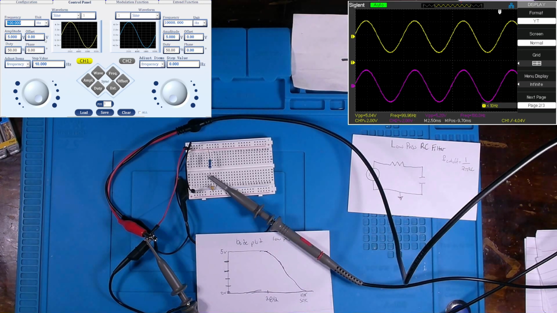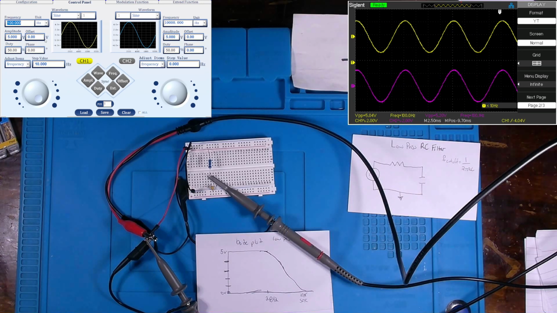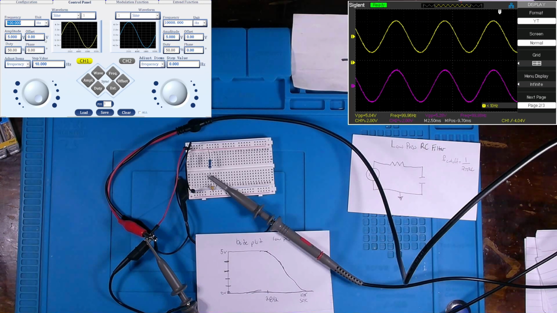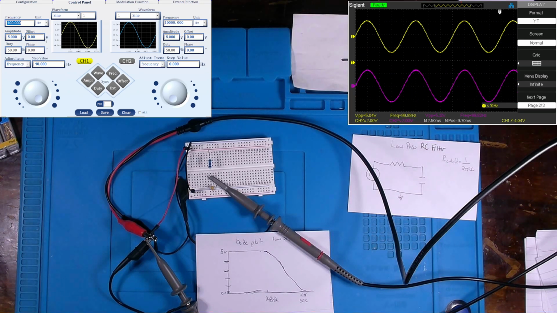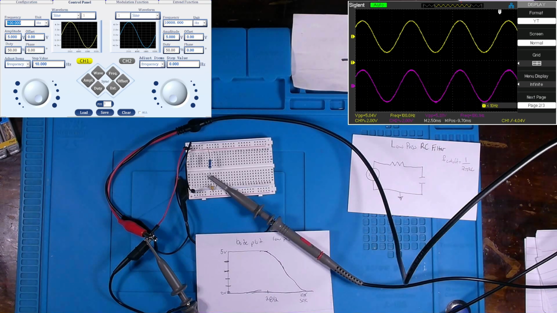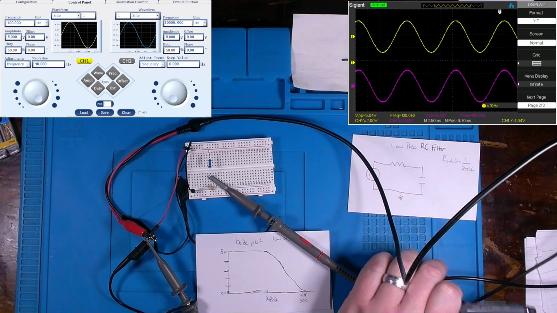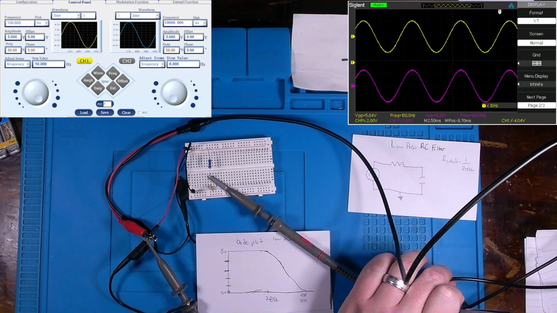Okay, they should be an unchanged amplitude. They're pretty much spot on, right around 4 volts. So although we see a little bit of a difference on channel 2, that is the purple channel, but essentially they're the same voltage.